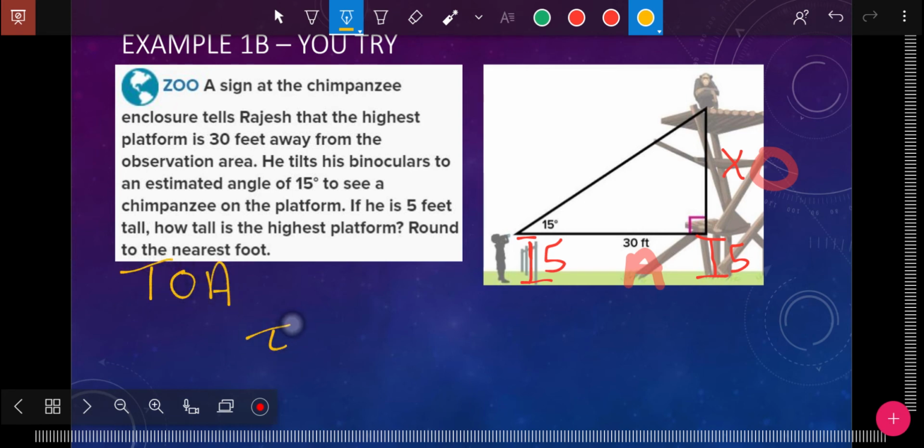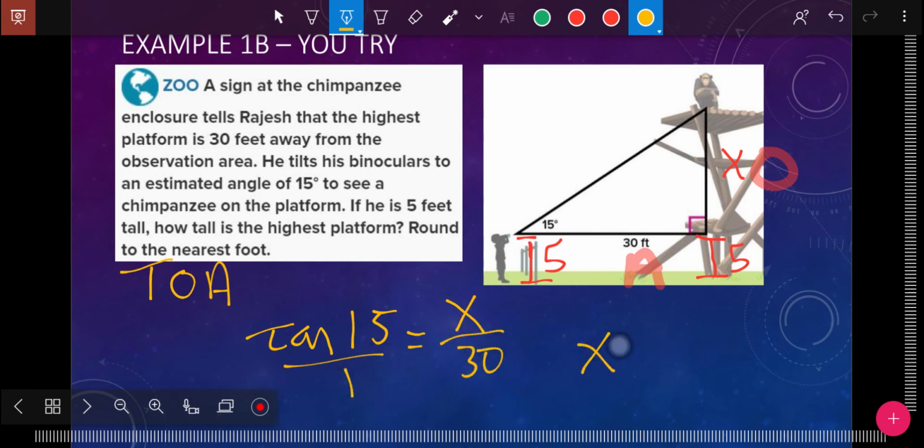Let's set up the problem. Tangent 15 equals opposite over adjacent. Now I cross multiply, I get X equals. Let me fix that. Type that into your calculator for me while I fix it. X equals what? What is 30 times tangent 15?